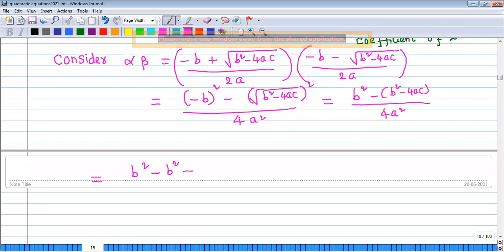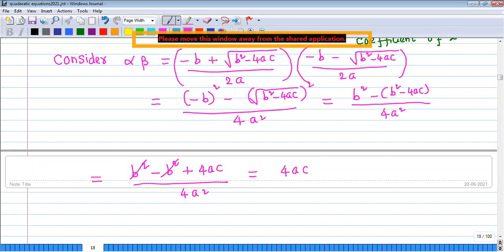It's very important: negative into negative, positive. 4ac upon 4a square. Here plus b square minus b square will cancel. We have 4ac. For our convenience, again this 4a square we can write 4a into a. This 4a will cancel out. We have c by a. So that means product of the roots can be taken as c upon a.